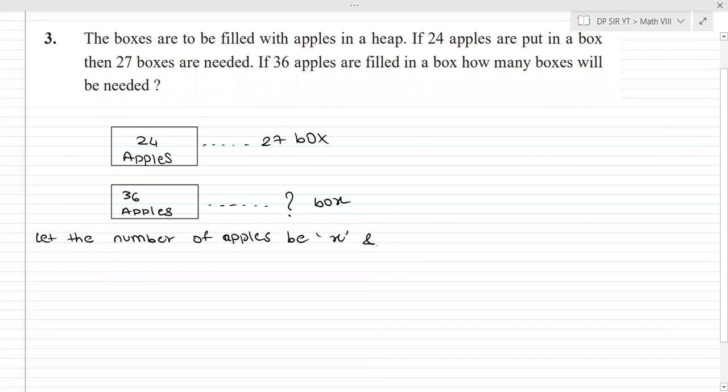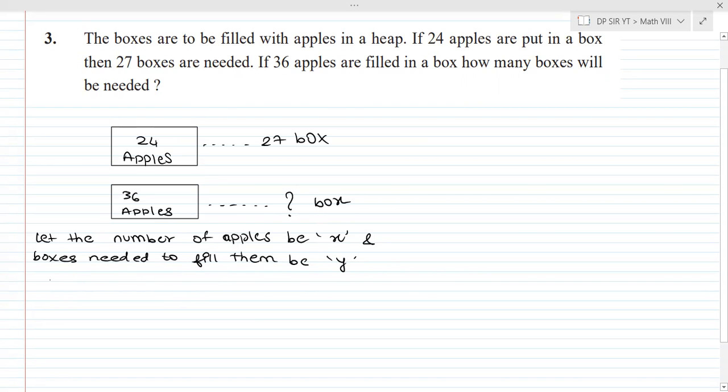And here, let the number of boxes needed to fill them be y. Okay, clear?